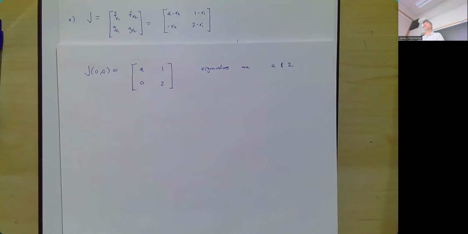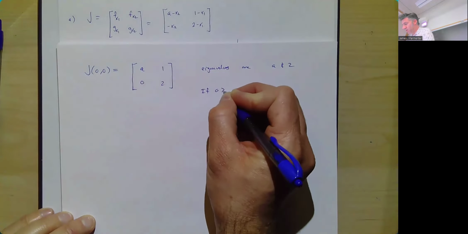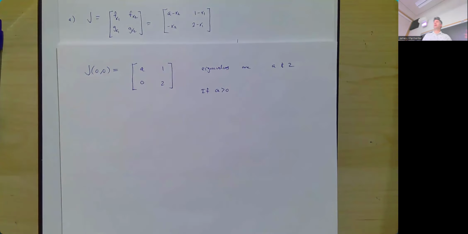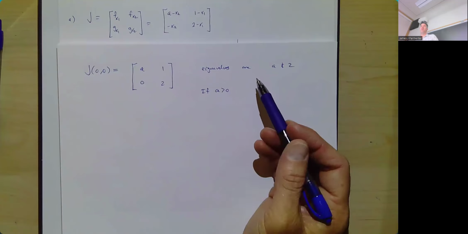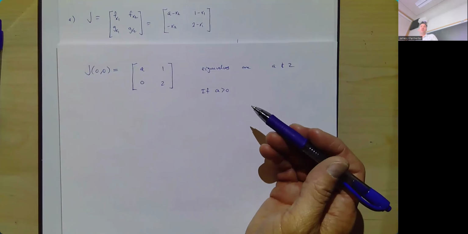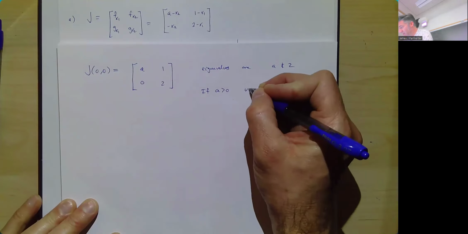So either A is positive. If A is positive, what kind of thing would we have if we were allowed to say what kind of thing we had? If I said, do we have a node or a spiral or whatever, if A was positive, we'd have 2 positive eigenvalues, which would mean we would have a node. Specifically, a what kind of node? Right, so if A is positive, unstable.